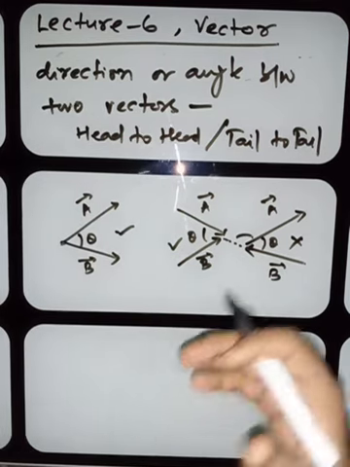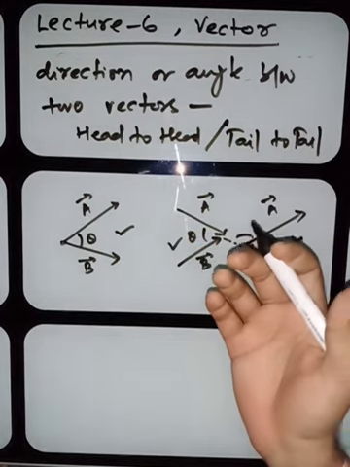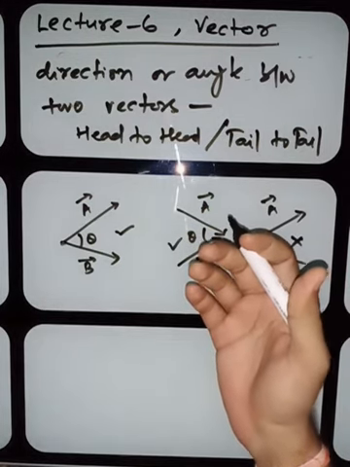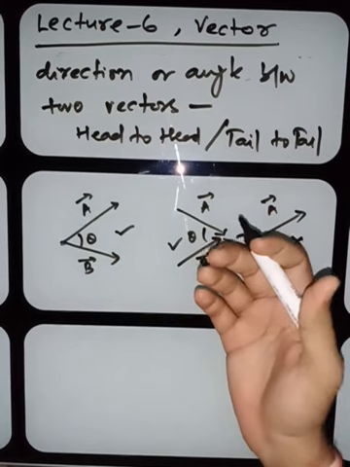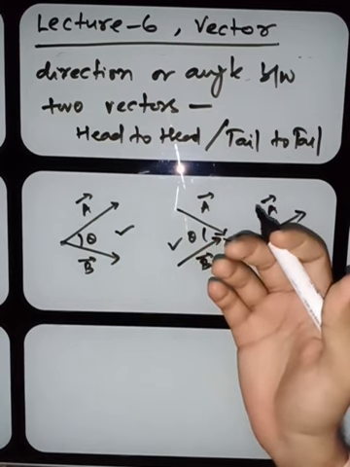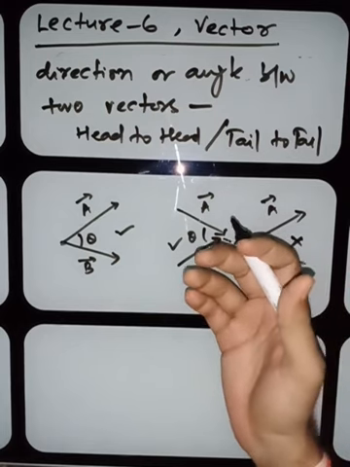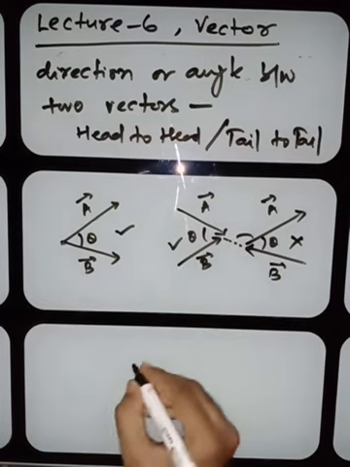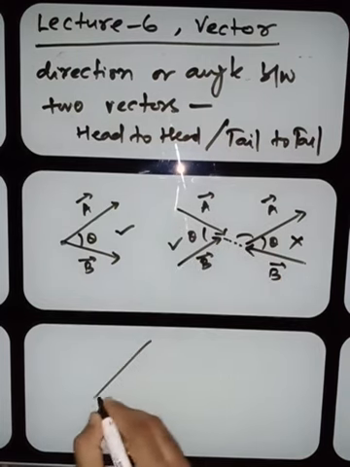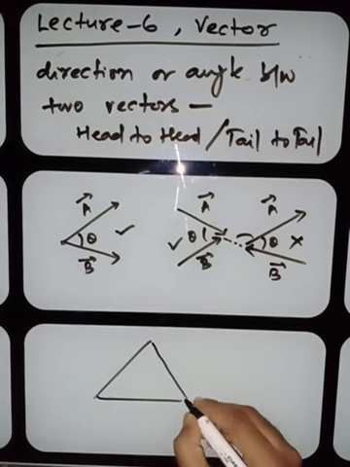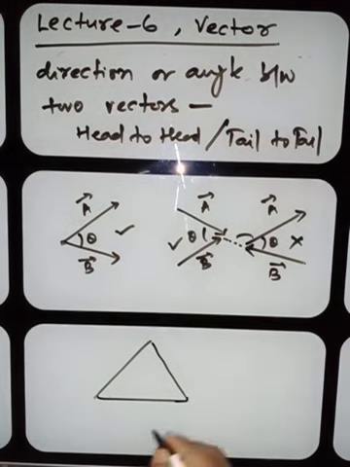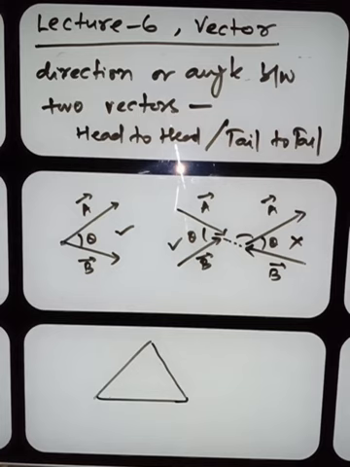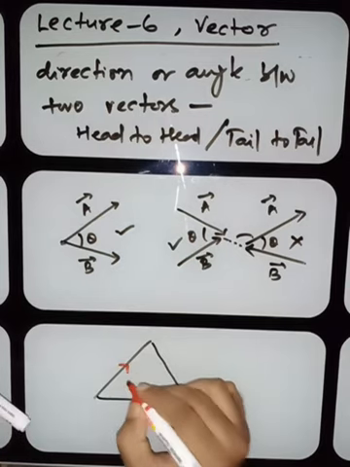Okay. Here, let me ask a few questions, my dear students. Here I am giving you an example and you have to find the angle between the two vectors, which is very important. Now you can see three vectors I am making. This is an equilateral triangle. This vector is going in this direction.